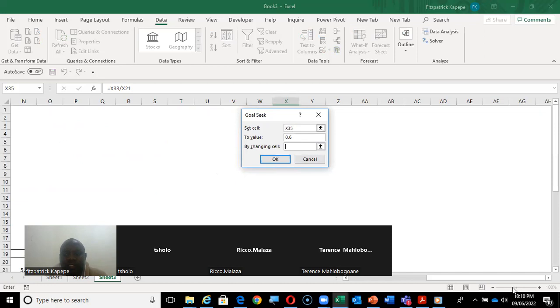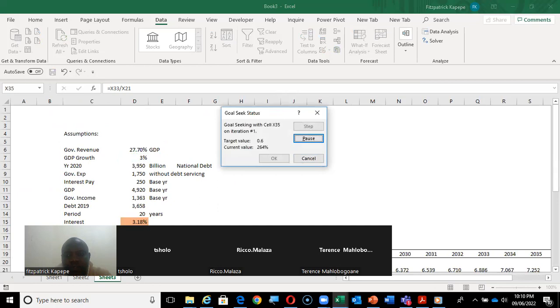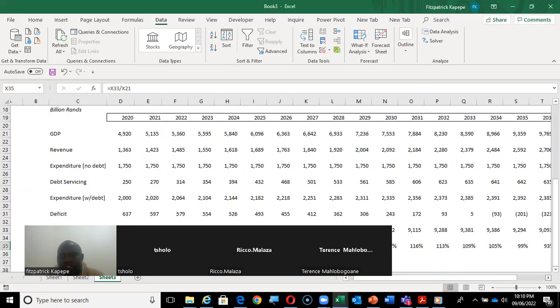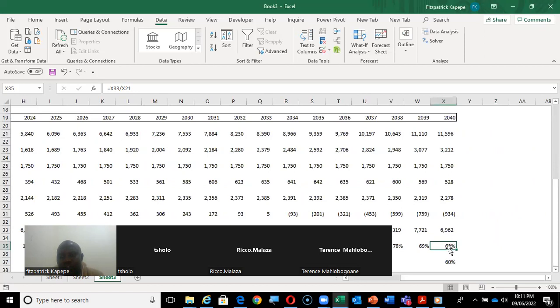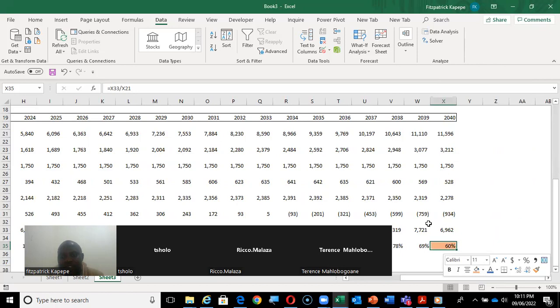By changing the growth rate, and press OK. Whatever you're changing when you do your GOSIC, the best thing is you can even highlight it using your favorite color, whether it's yellow, whatever.